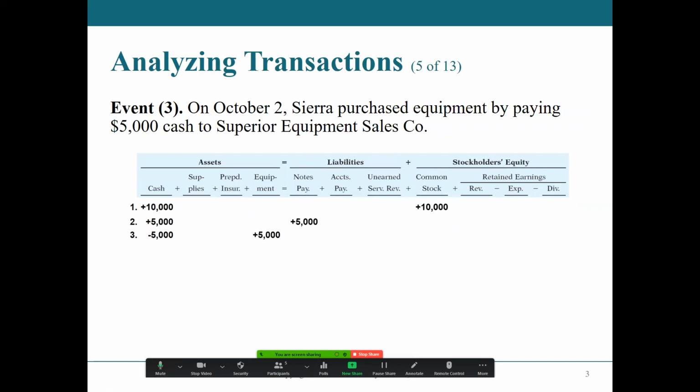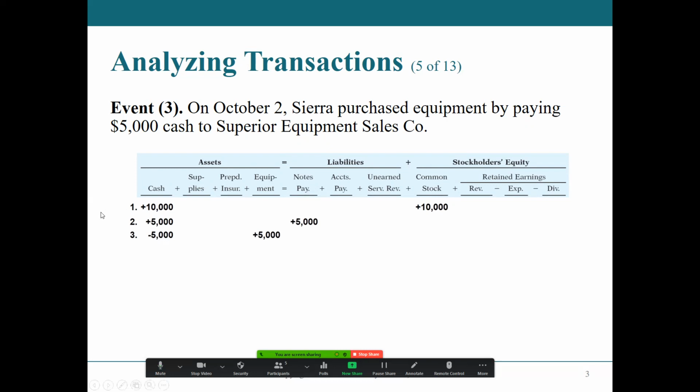One more example. October 2nd, Sierra purchases equipment by paying $5,000 in cash. If we're buying something with cash, our cash will go down, but our other asset, equipment, will go up.